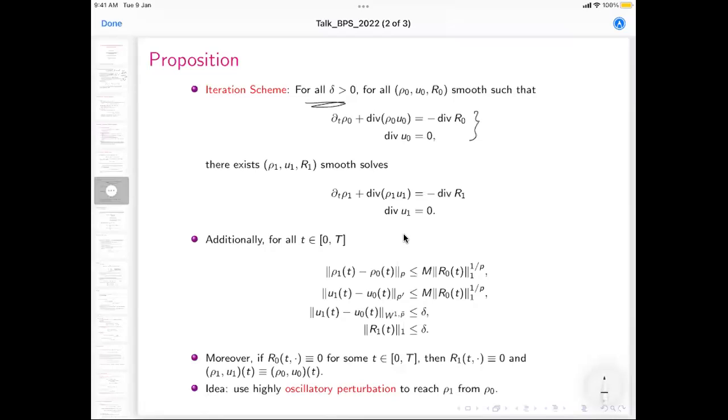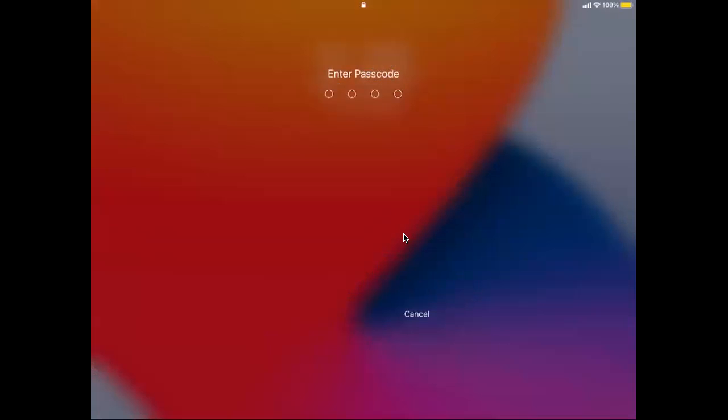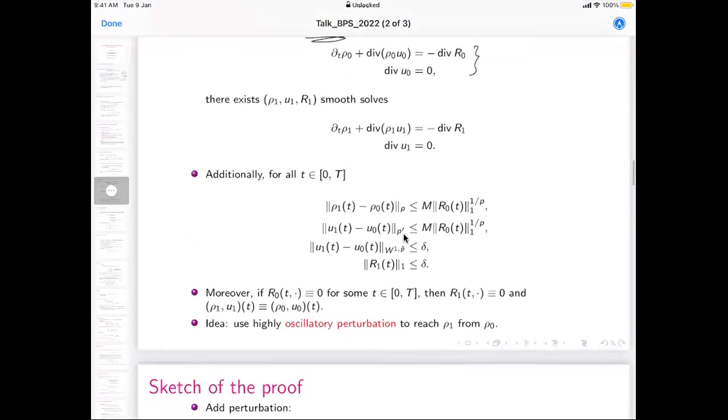So I'm starting with this regularized version of the transport equation. My solutions are rho naught, u naught, and r naught. Then this method will produce a solution rho 1, u1, r1, which satisfies exactly the same equation with this additional bound. All these bounds are uniform in time.